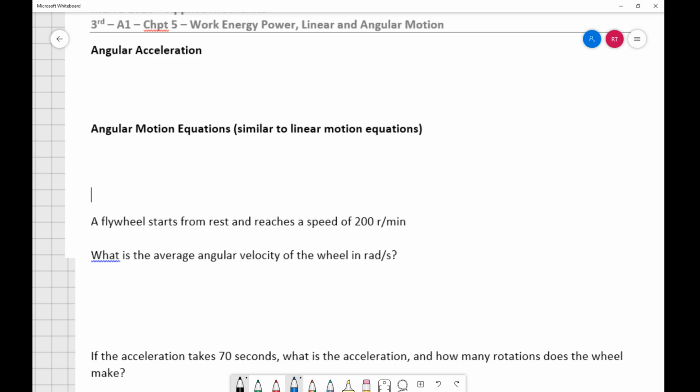So your angular acceleration, we have now an alpha. Okay, so that symbol is alpha, which means acceleration, and it's going to be essentially your change of omega by time.